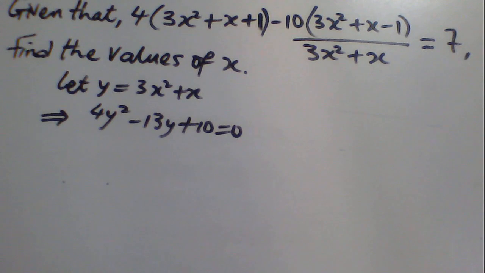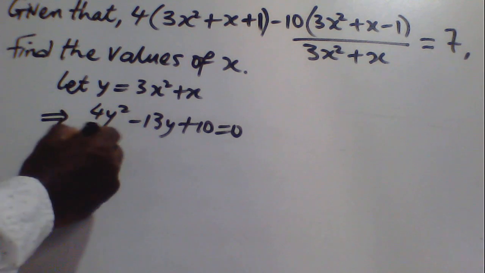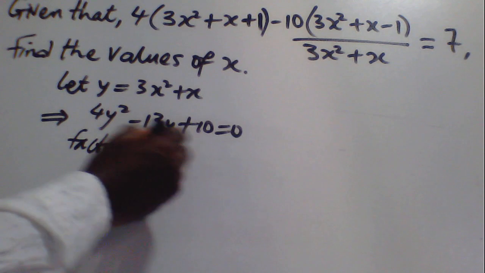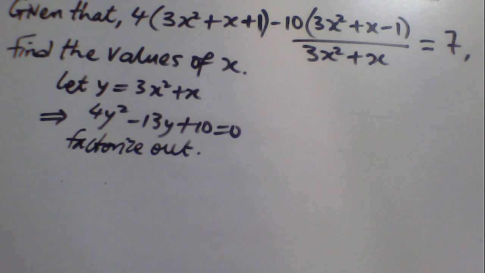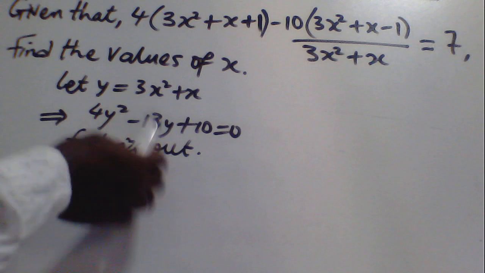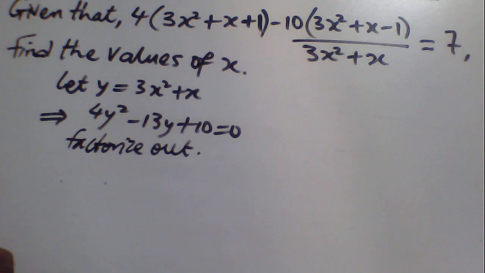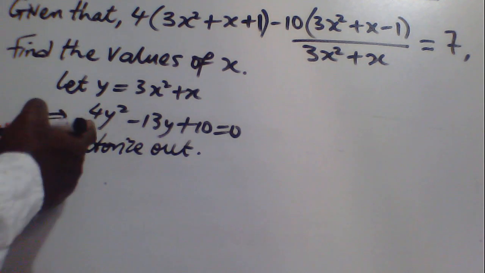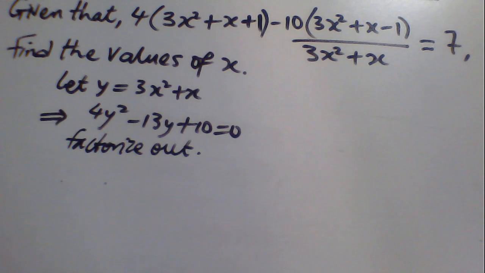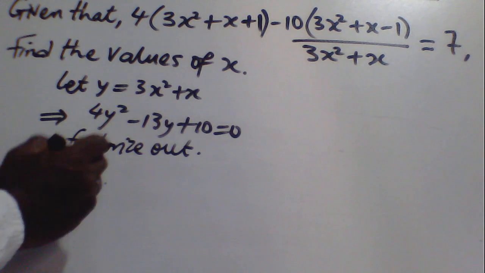The next thing to do is to factorize the equation formed in y. You have to find two terms which, when added, give minus 13y, and when multiplied, give the product of the first term and the third term, which here is 40y squared.